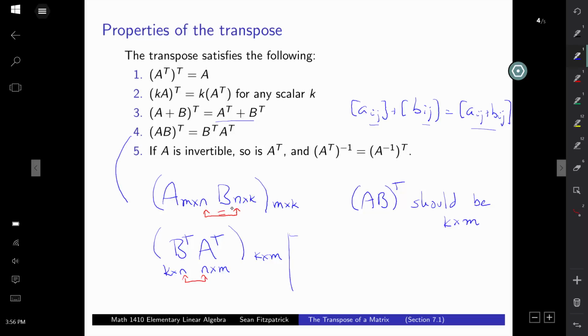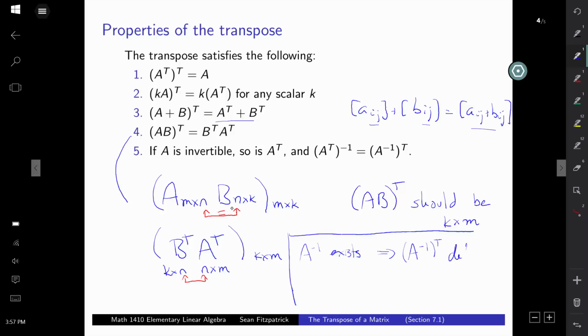The fifth property, the transpose of the inverse is the inverse of the transpose. How do we see that? Well, if A is invertible, then A inverse exists, right? So if A inverse exists, that means that I can take the transpose of every matrix, right?